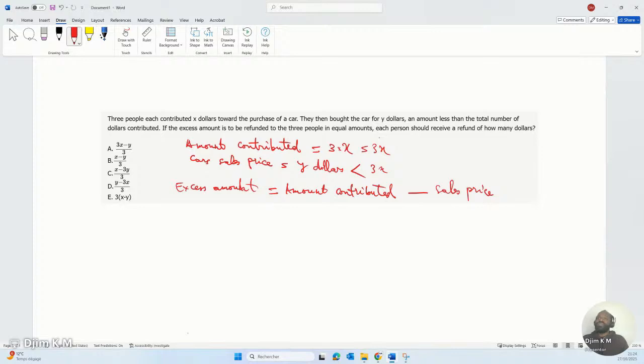So that needs to be 3X, which is the amount contributed that we have here, minus Y dollars, which is the amount that bought the car. So that's the excess.